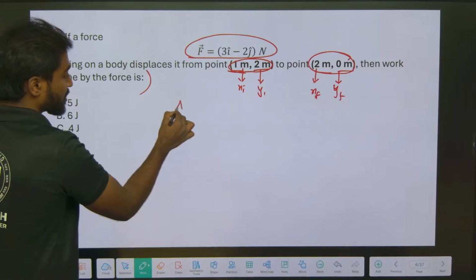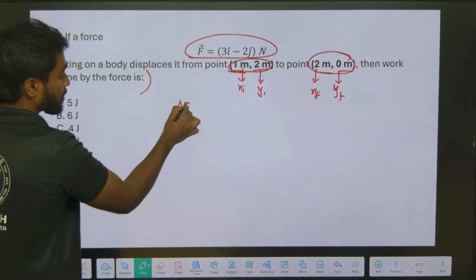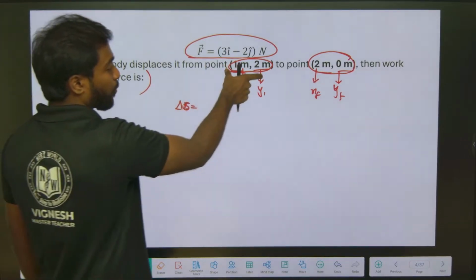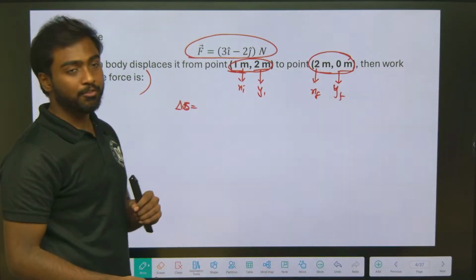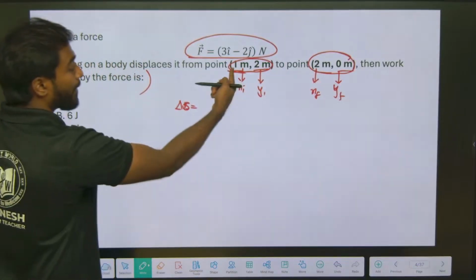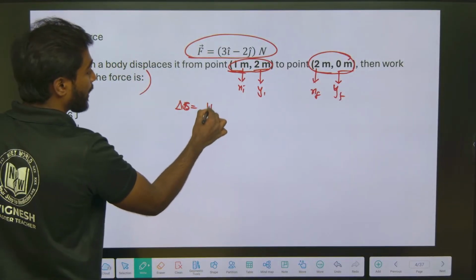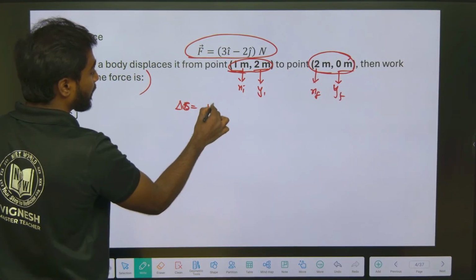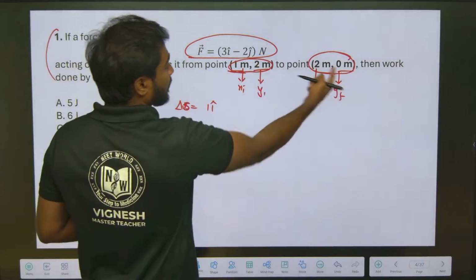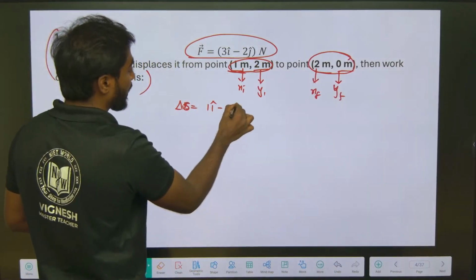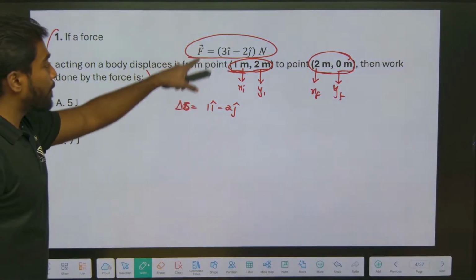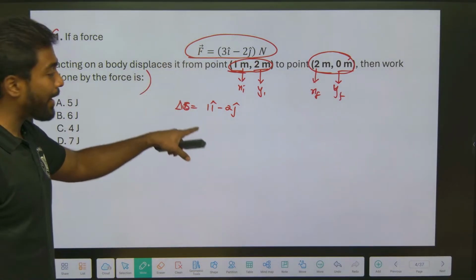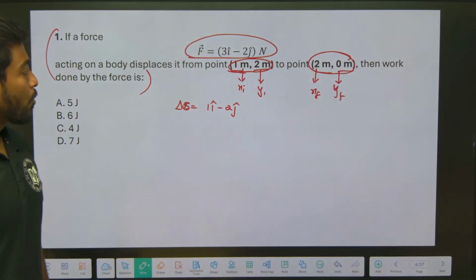I need the change in position to get the displacement. So 2 minus 1 is 1 i cap, and 0 minus 2 is minus 2 j cap. If I do a dot product of F and s, I will get the work done.